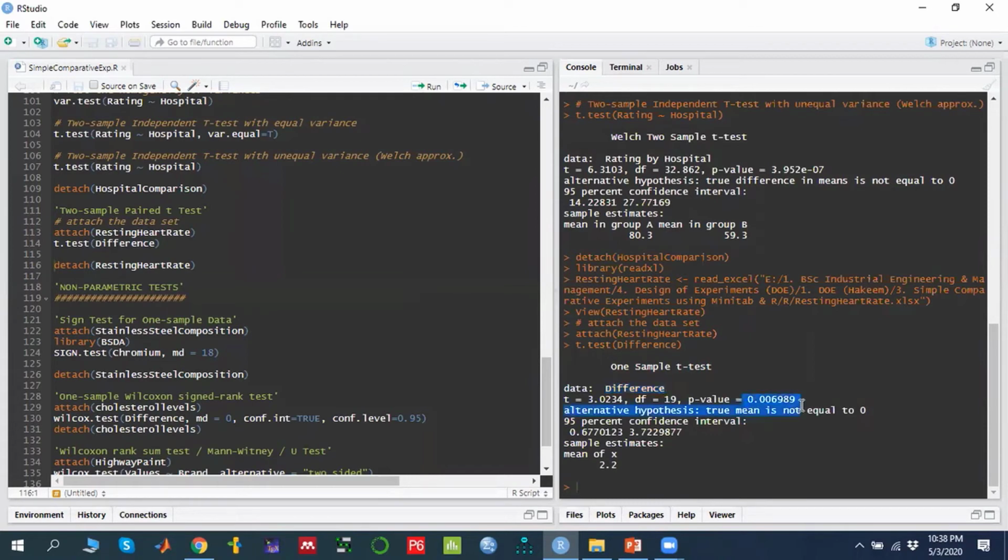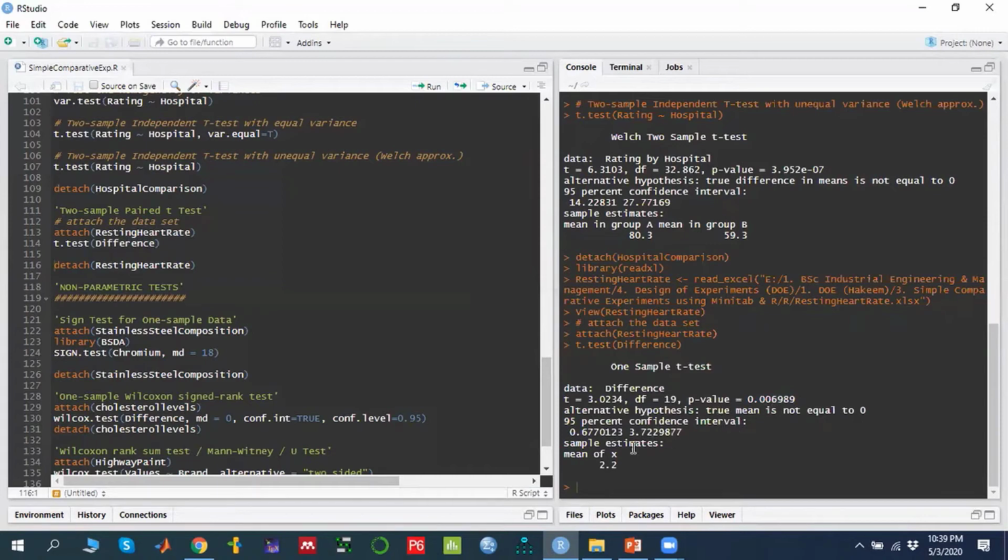So the p-value is less than 5%. Okay, that is indicating we should reject H0. That means the running program is affecting the resting heart rate. So that is indicating that after the running program, the resting heart rate is improving.